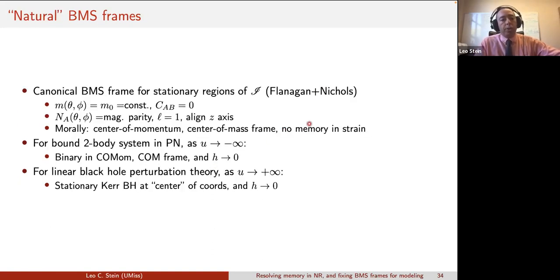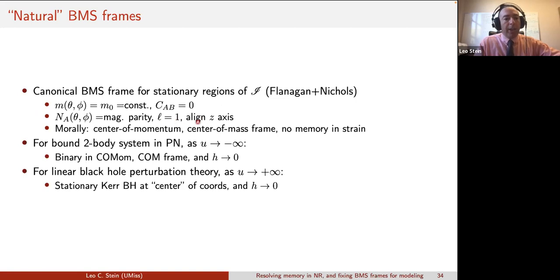There is a canonical choice if you have a stationary region of Scry. There's no radiation. And the canonical choice that you can make is you can make the mass aspect be isotropic. You can take the angular momentum aspect and make it only have L equals 1 content.